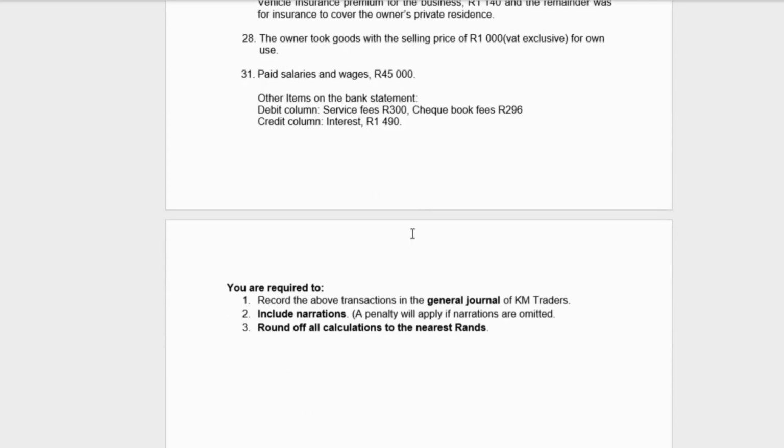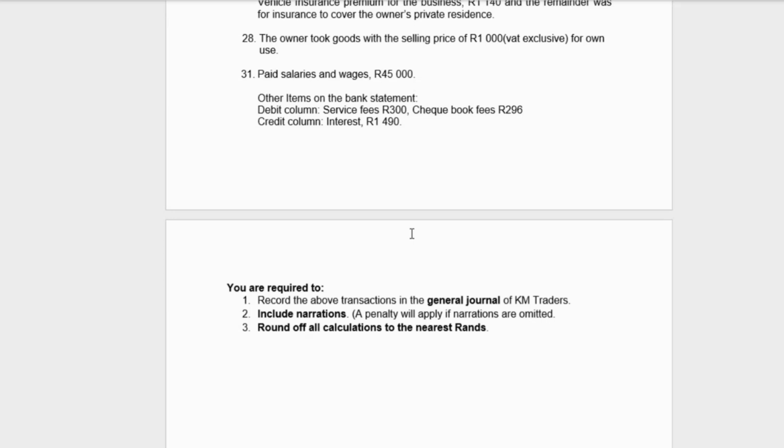And then you are required to record the above transactions in the general journal of KM traders, including narrations. A penalty will apply if narrations are omitted. So please do not omit the narrations in your test when you answer. Round off all calculations to the nearest rand.